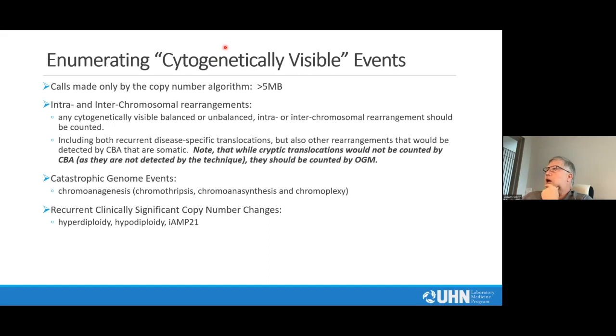Sorry. Question from Arun: can OGM pick up jumping translocations? So yes, it should be able to if they occur outside of the centromeres. If the translocation breakpoints are in the centromere, so if they're whole arm unbalanced, or they involve, which they often do, the acrocentric p arms, then it may not.